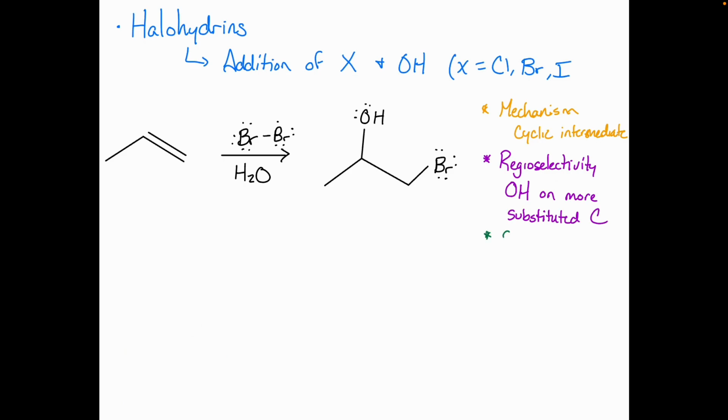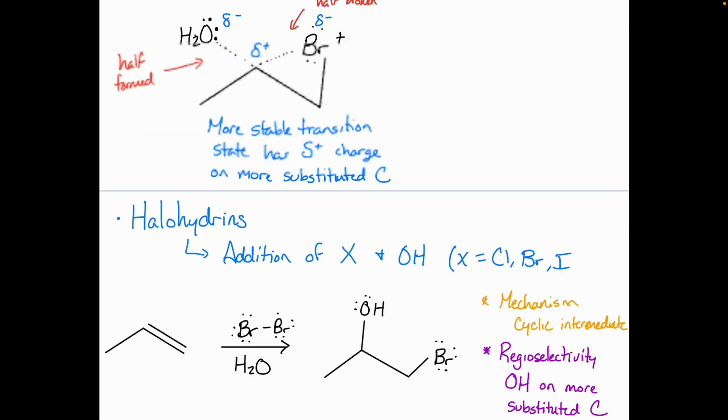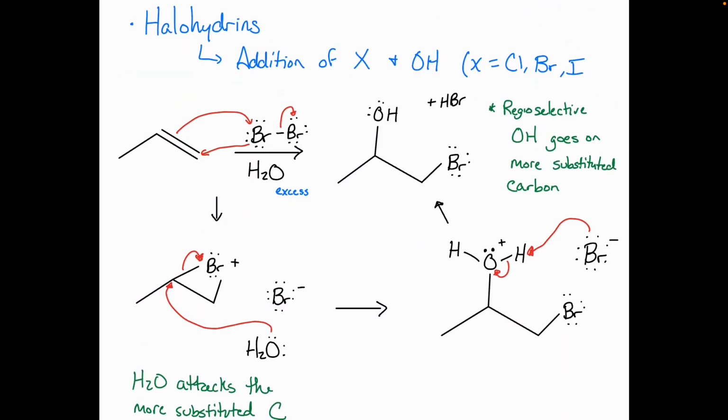All right, and what about the stereoselectivity of this reaction? Our addition reactions had two types, a syn or anti-addition. Looking at our mechanism here, what do we think this one's going to be?